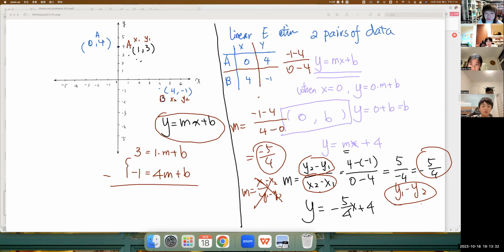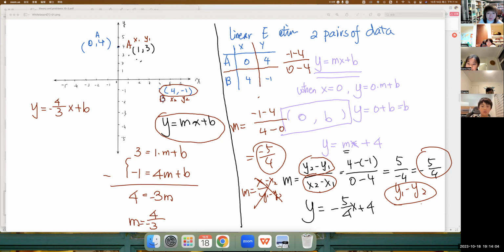Now what do we do? I just subtract these two equations. 3 minus negative 1 equals 4. And 1m minus 4m equals negative 3m. b minus b equals nothing. So m equals negative 4 over 3. This time, instead of knowing b first, we know m first. So y = -4/3 x + b, correct? How do we find b? You just pick any data.